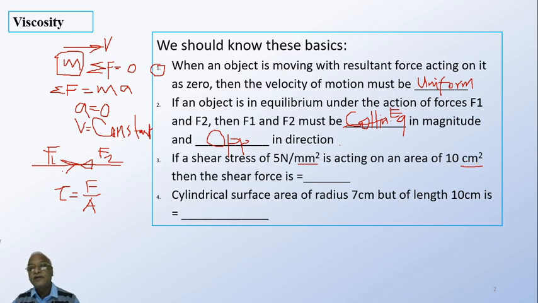Because of that, here I can substitute 10 millimeter into 10 millimeters. So it becomes 10 into 10, 100. So 10 multiplied by 100 will be 1000 millimeter square. 10 centimeter square becomes 1000 millimeter square. Okay.